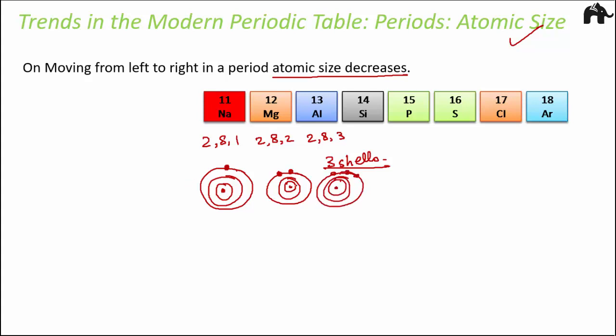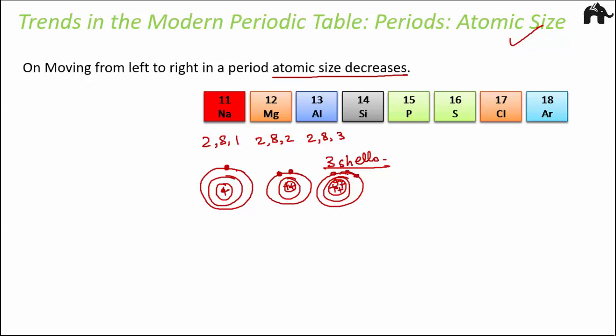So as we go from left to right, the number of electrons in the valence shell is increasing. But as the atomic number increases, the number of protons in the nucleus also increases. So the positive charge also increases.